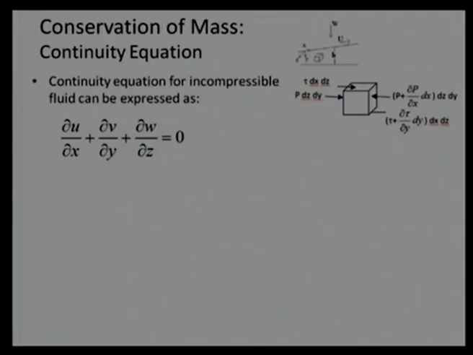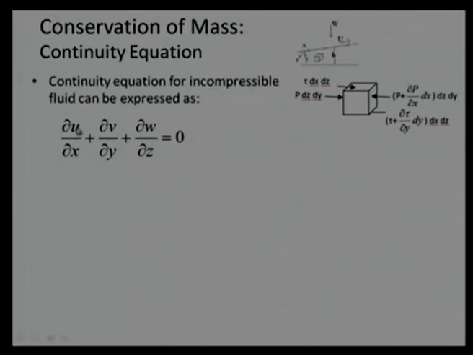So, density will not depend on the x, y or z direction. With that assumption, we can simplify the continuity equation: the velocity gradient in the x direction, the y direction and the z direction, as shown in this figure. There is an element over here, and we are considering a 3-dimensional model. This will be equal to 0.